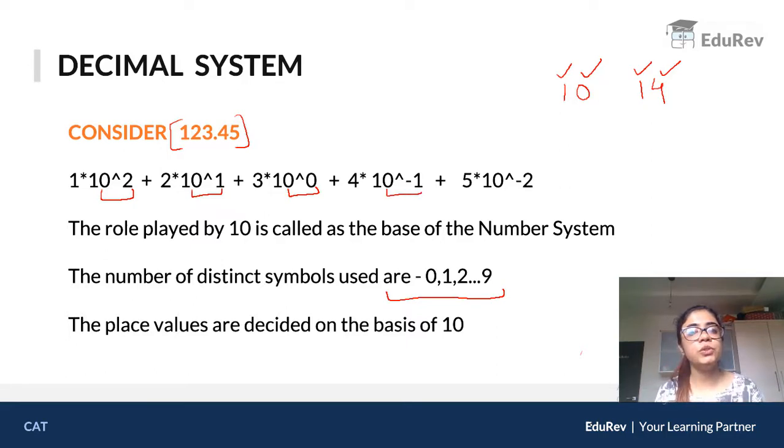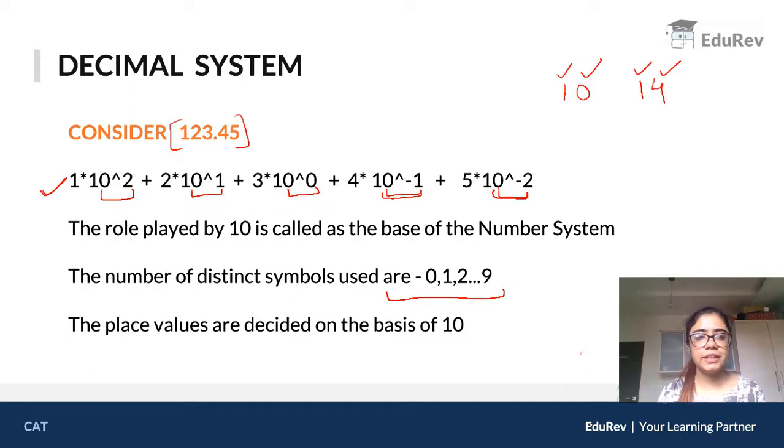Plus 4 into 10 raised to minus 1 because 4 comes after the decimal point. And then you have 5 into 10 raised to minus 2 again after the decimal point. So this number 123.45 can be split and written in this format.